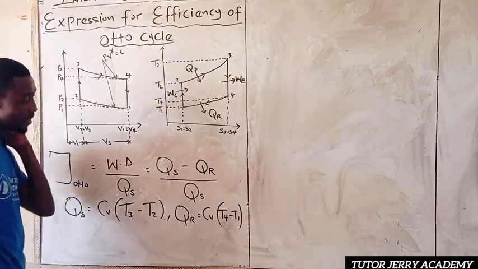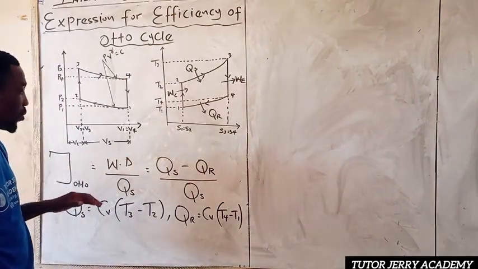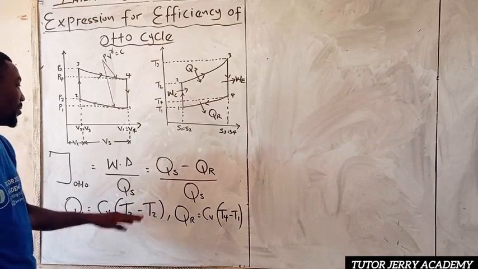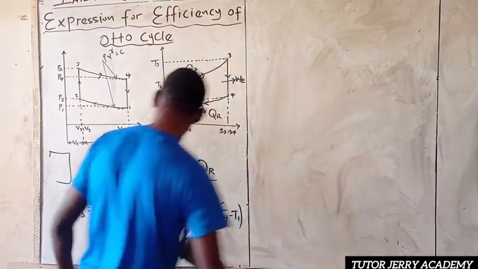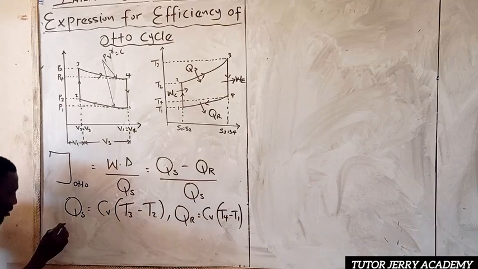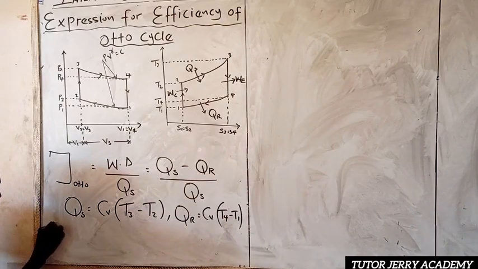So now the next thing we are going to be doing is we are going to substitute this formula in this formula that we have here. Let me manage the space. All right.